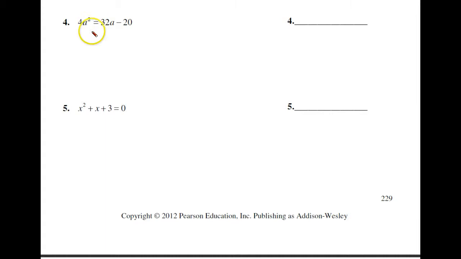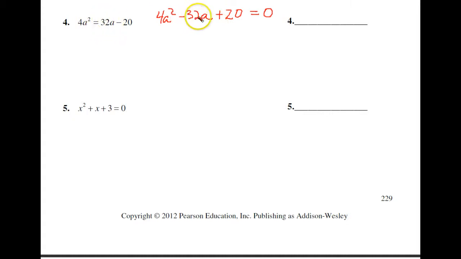So what's a, what's b, what's c here? Well, first of all, is that in standard form? And the answer is no. So in order to determine what a, b, and c are, we need to have it in standard form. So I've transposed then the positive 32a.